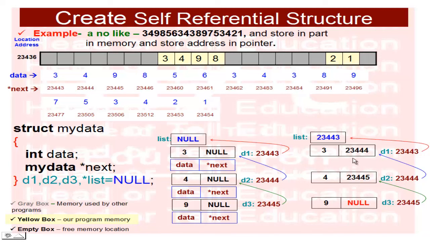So we reach our next data, where the next value is null. After that I have assigned the next data address, D3. So D3 is assigned here, and at this location we have the value 9. So this is the sequence of storing data in a self-referential structure.